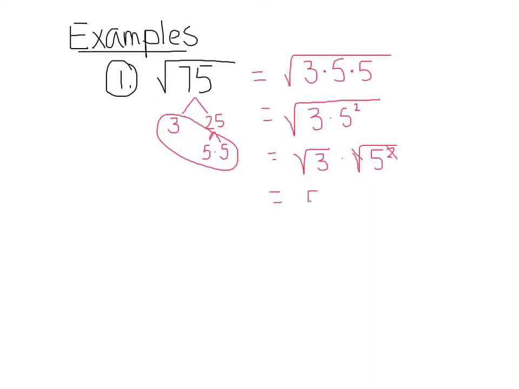So we're going to put the 5 in the front, and that is 5 times the square root of 3. You have to put it in the front. If you put it at the back and write the square root of 3 times 5, technically it's okay, but you get a little sloppy with your square root sign, and I can't tell which number is supposed to be under the square root. So we've got 5 on the outside, and your answer is 5 times the square root of 3.